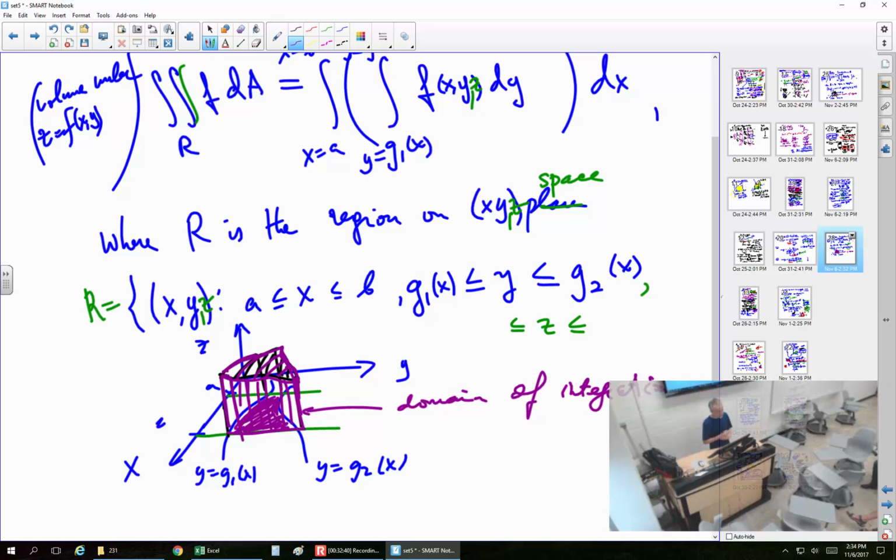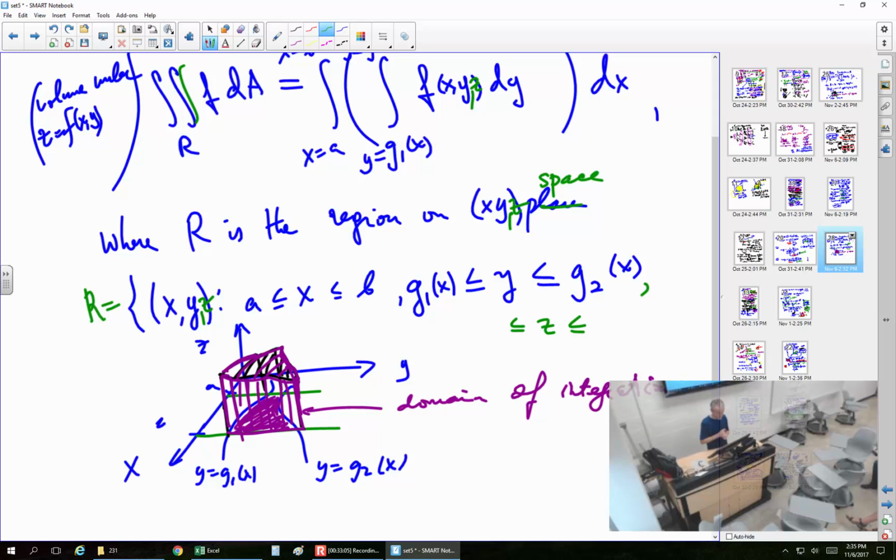And this is the challenge, really, to represent something like that in the form of separate limits for x, y, and z. So suppose we already have the limits for x and y. What are the limits for z in this picture? So forget about the integral. What are the limits for z?